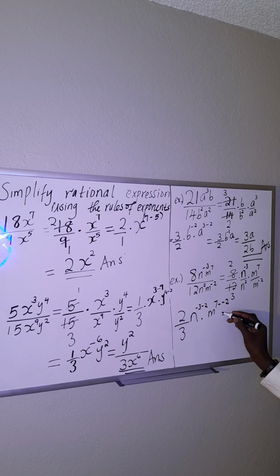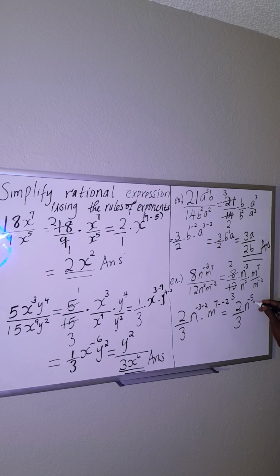It is equal to 2 out of 3, n raised to the power of negative 5, m raised to the power of 9. We can write this as 2 out of 3, then n raised to the power of 5 in the denominator, and m raised to the power of 9. So this is the solution.